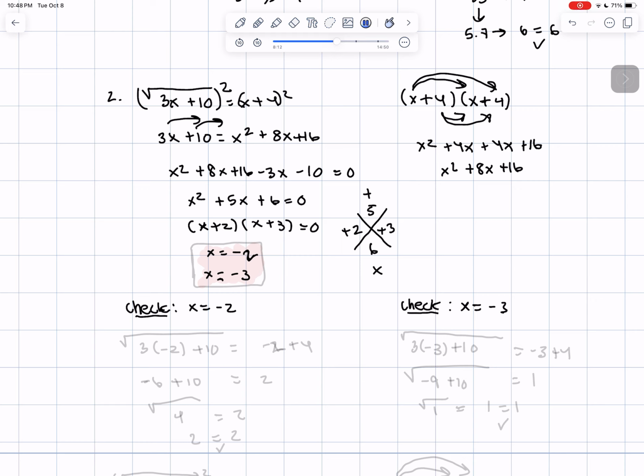Okay, so square root of 3 times negative 2 plus 10, and negative 2 plus 4. So negative 2 plus 4 gives me 2. And then negative 6 plus 10 gives me the square root of 16, negative square root of 16.